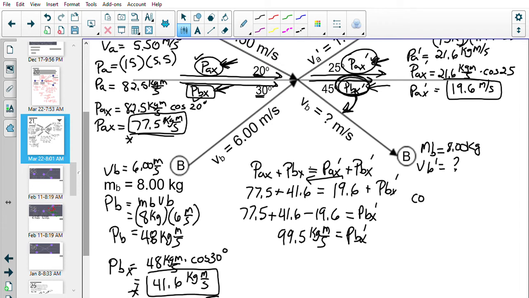So the cos of 45 is going to give the adjacent PBX prime over hypotenuse, which is PB prime. Like the last question, those two switch places.